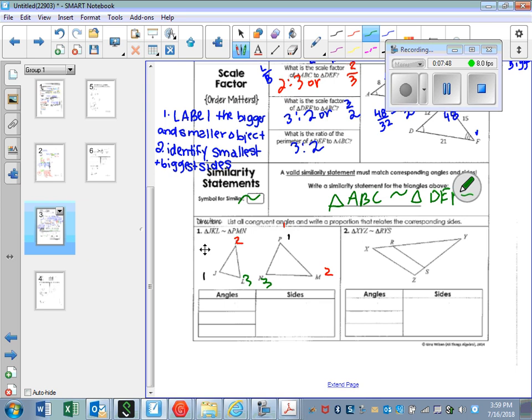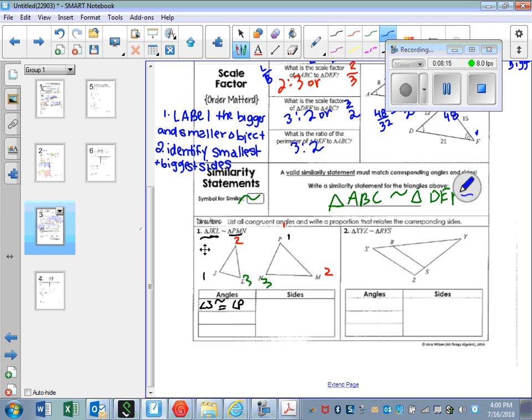First, angle J is congruent to angle P. They're in the same position. I can tell by the order that they come in my similarity statement.